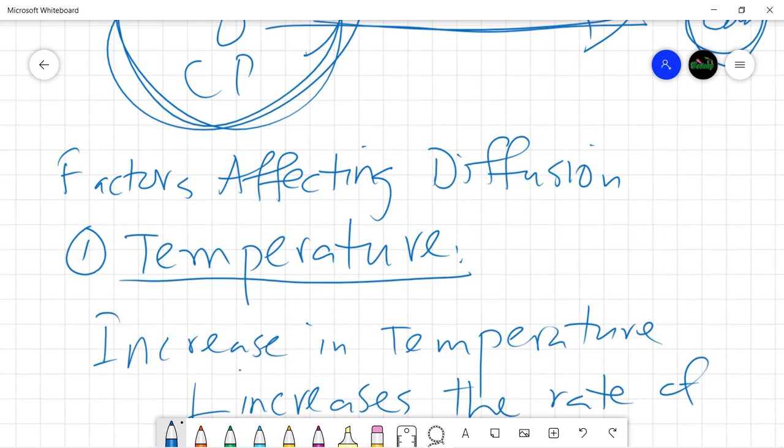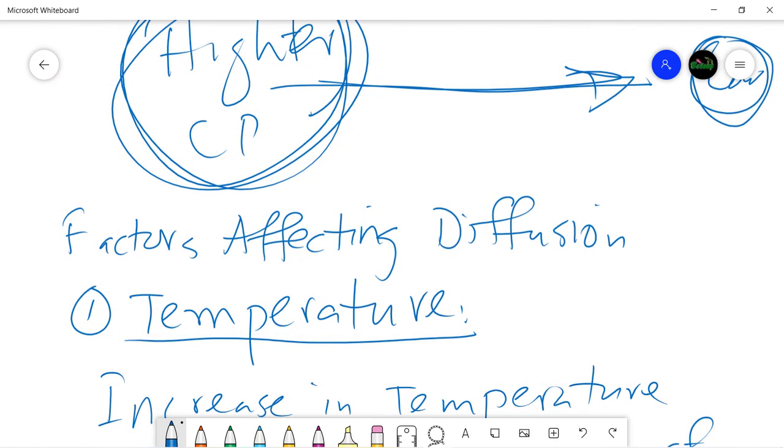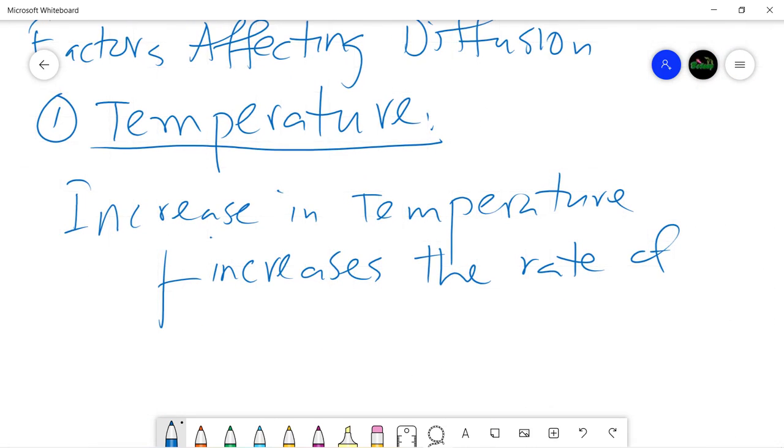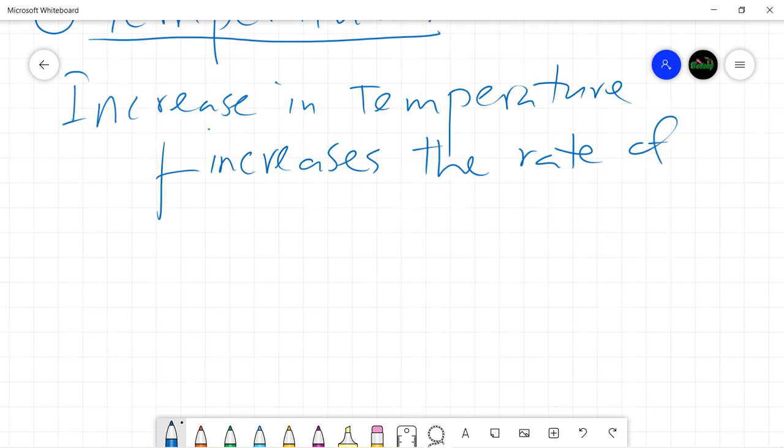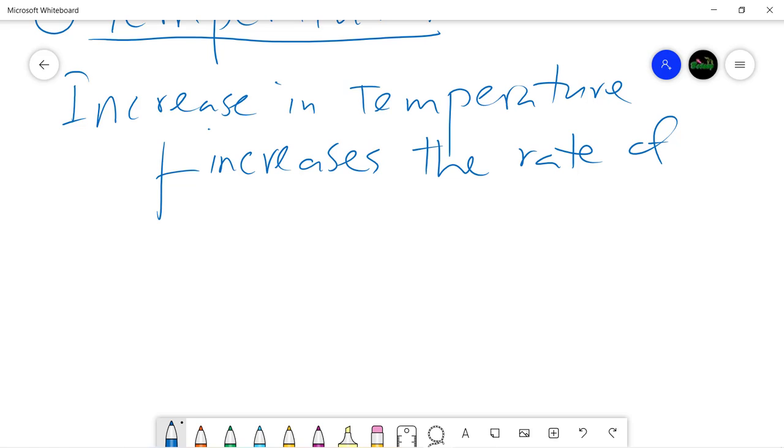And what I forgot to mention here is that we are discussing factors affecting the rate of diffusion, the factors which affect whether the diffusion will be faster or slower. So increase in temperature increases the rate of diffusion simply because it increases the kinetic energy of the molecules, so diffusion gets faster.